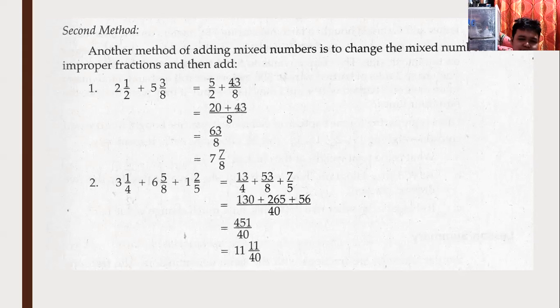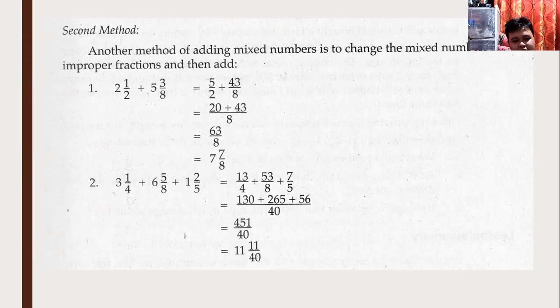Paano natin i-add yung mixed numbers to change? Another method of adding mixed numbers is change mixed numbers into improper fraction. Bakit kaya siya naging improper fraction? Kunin nga natin yan. Ang nangyari, 2 times 2. Simple as that.